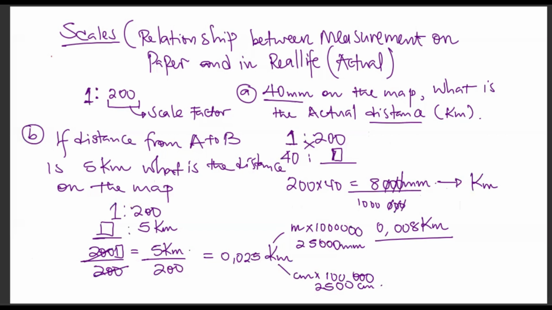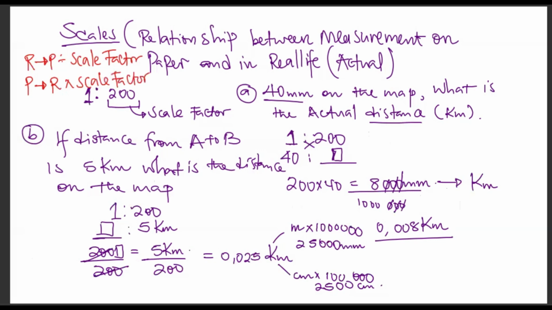If you are changing from real life to measurements on paper, what do we do? We divide by the scale factor. Then if it's from paper to real life, we multiply by the scale factor.